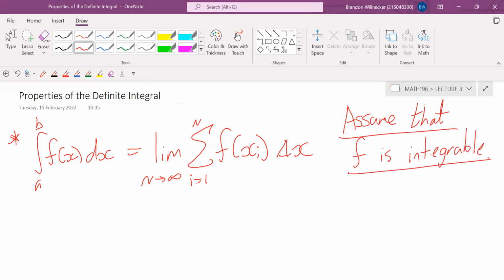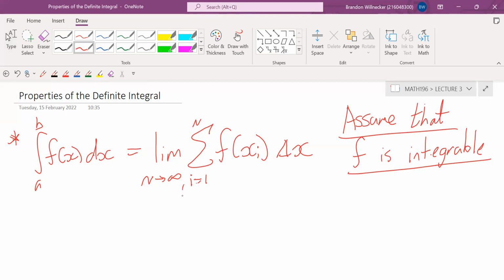Okay, now that doesn't mean you ignore the conditions for integrability, but just for the sake of going through the properties, we assume that f is integrable. Okay, maybe for a tutorial question or a test question, maybe I'll give you something that is not integrable, and then you might have to explain why. Okay, but for now, let's assume that f is integrable, just so that we can look at the properties.